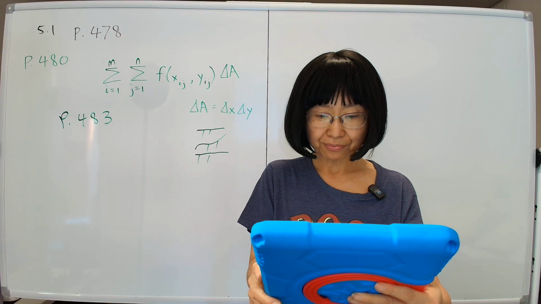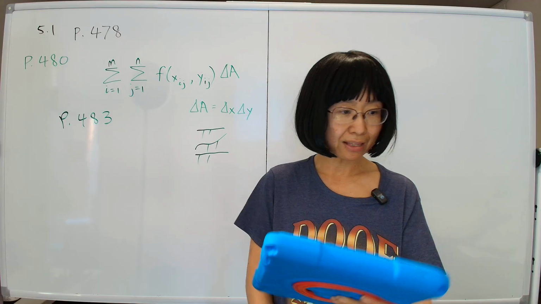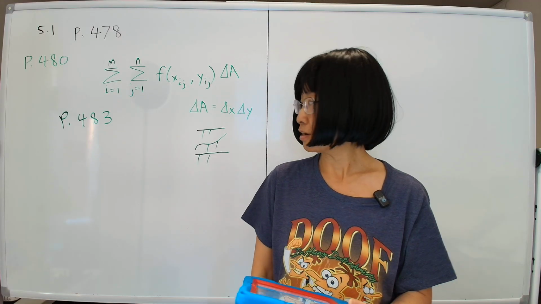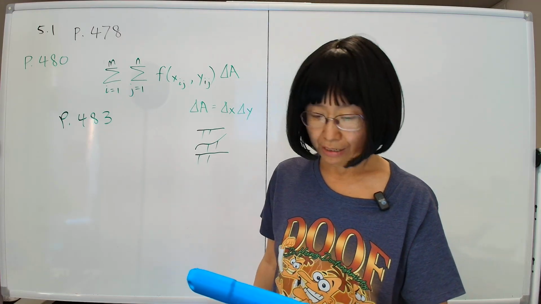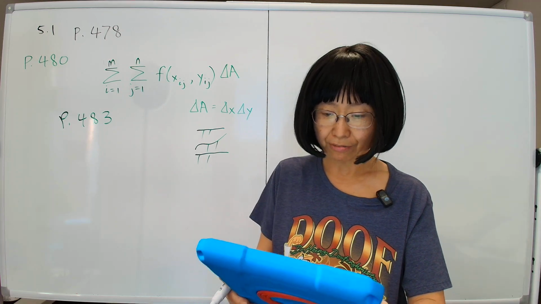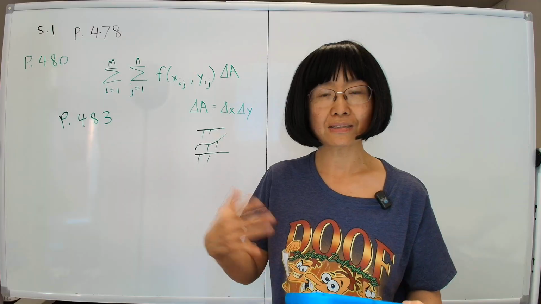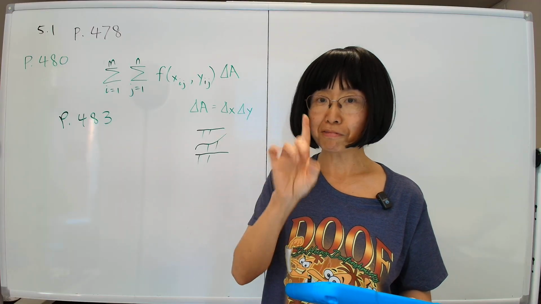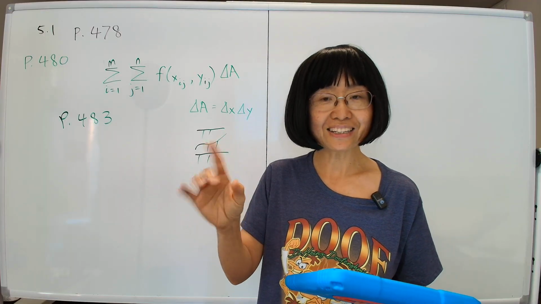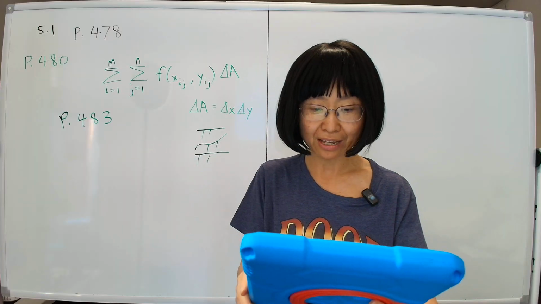And then the next part we're going to look at, we are now on page 490, where we are looking at the area of the region. Now, the area of the region can be considered as a double integral of 1. If you integrate 1, then the double integral will give you the area.